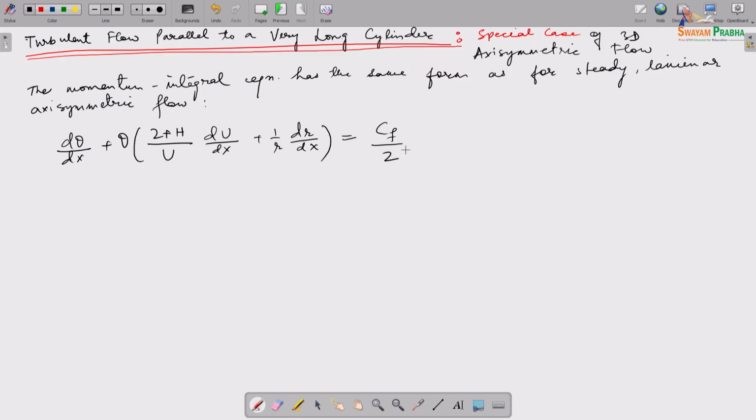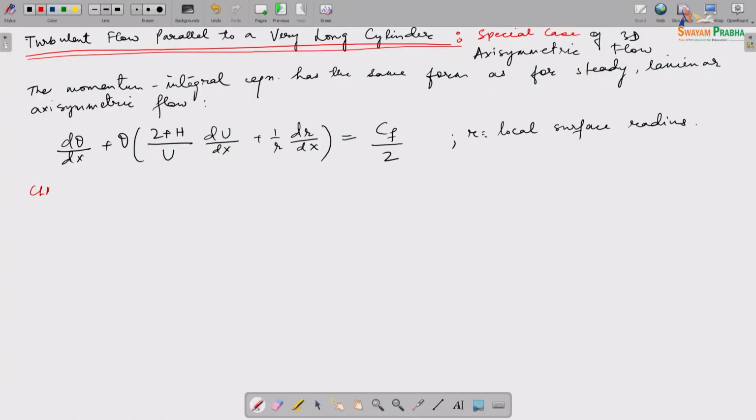Okay. So, R is the local surface radius. Right. So, we are basically looking at turbulent flow parallel to a very long cylinder.